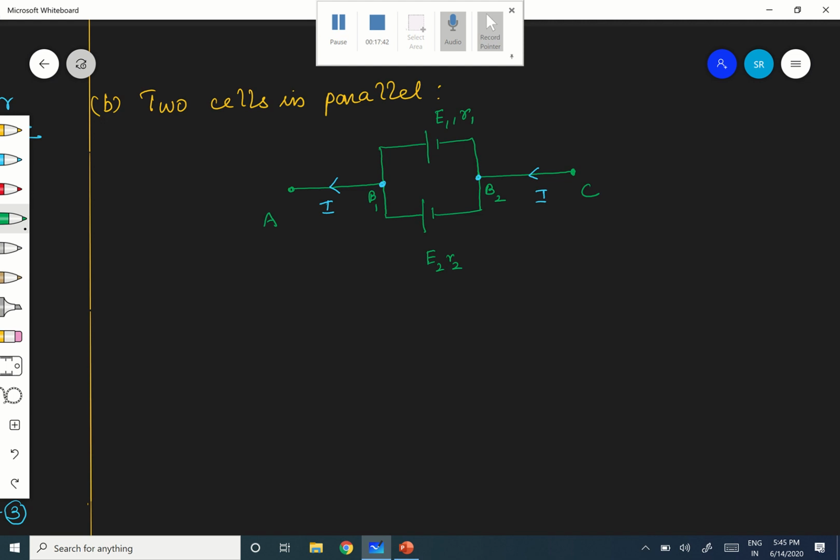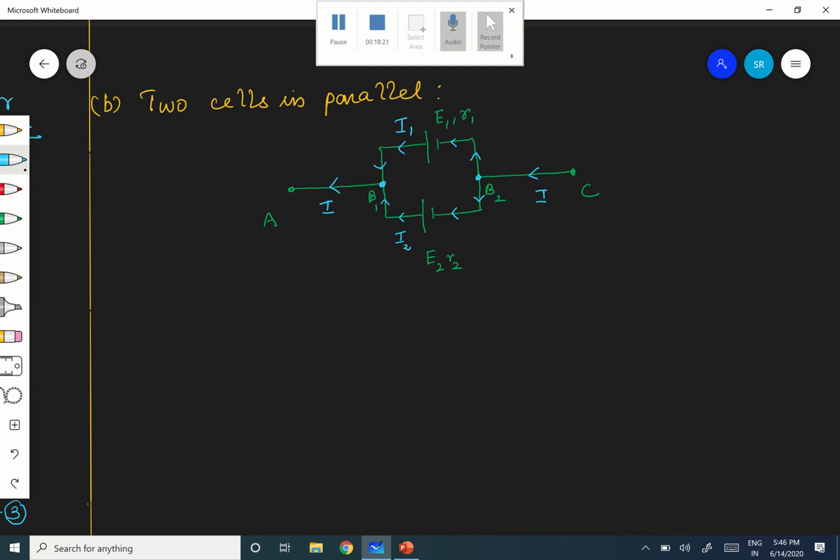The current I comes up to B2 and after that it is divided. It goes like that, then comes to B1 and then goes towards A. The current drawn from the first cell is I1 and the current drawn from the second cell is I2.